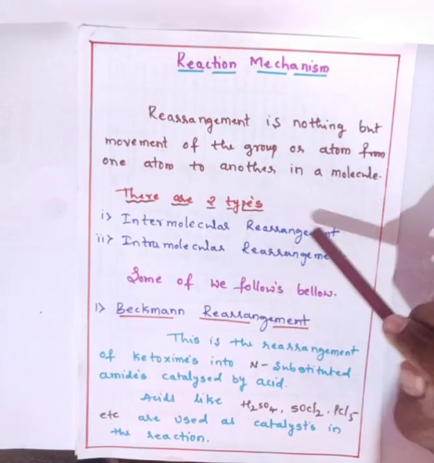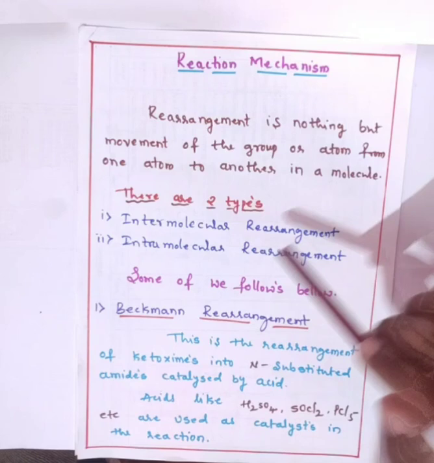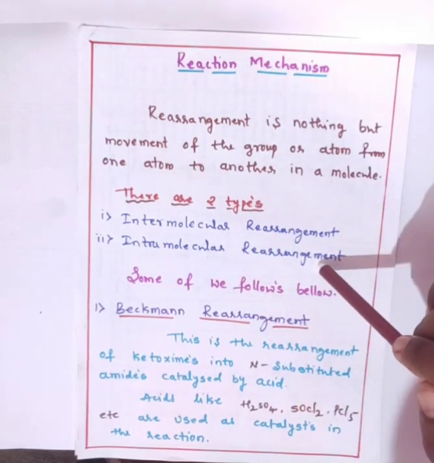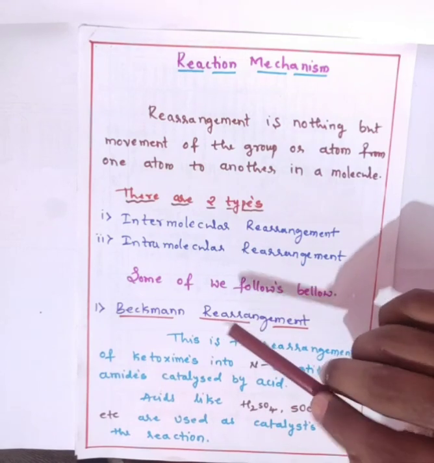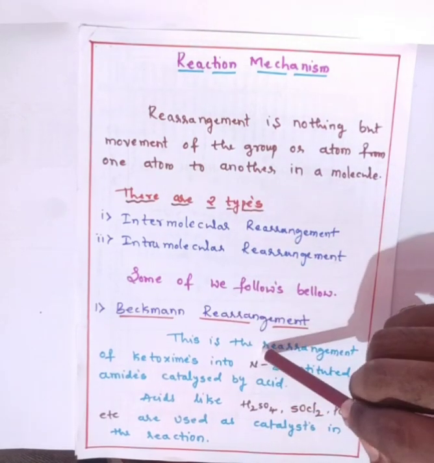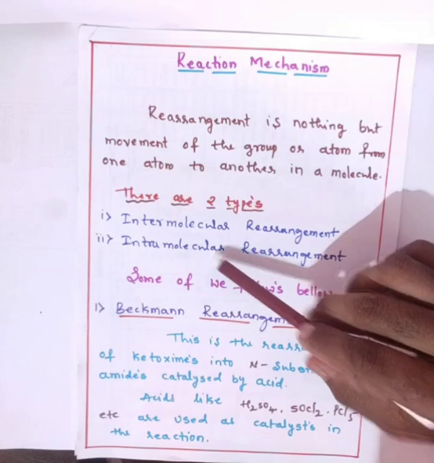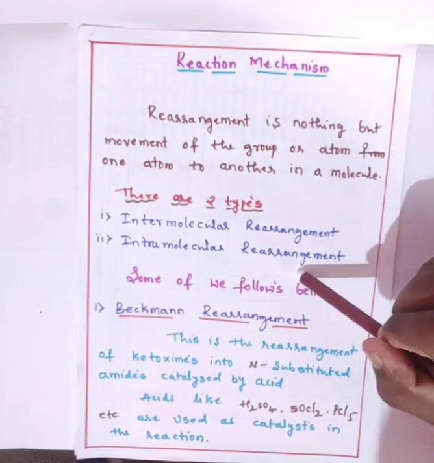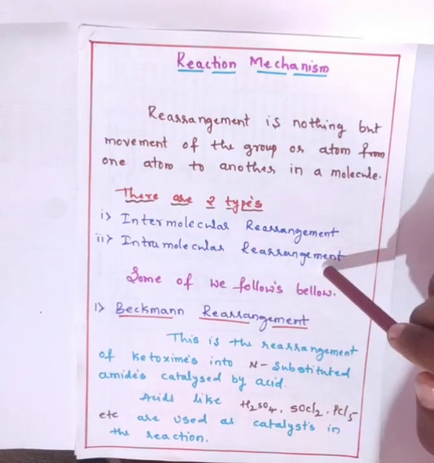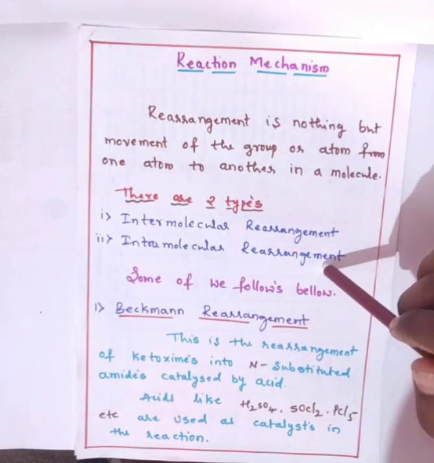And intramolecular rearrangement reaction is the movement of a group or atom taking place within a molecule. In this unit, we are going to learn about the intramolecular rearrangement reactions.